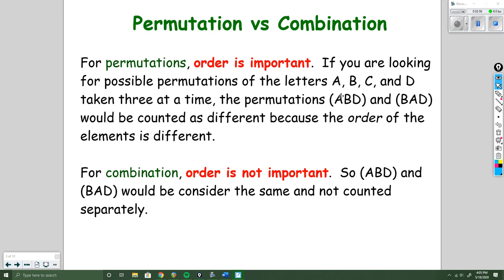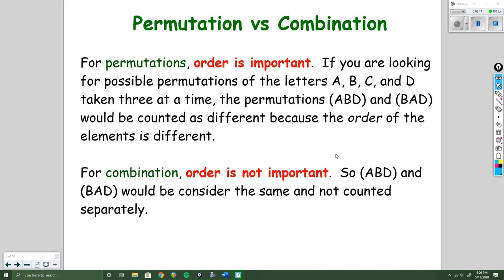Okay, A is first in this first arrangement, and B is first in that arrangement. So that's 2 different events.